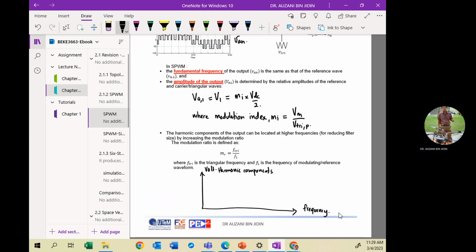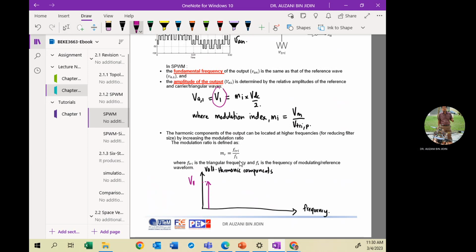The first component is the fundamental component, where the height or amplitude is defined as V1, not VM. You can control the fundamental component by controlling the modulation index, MI.